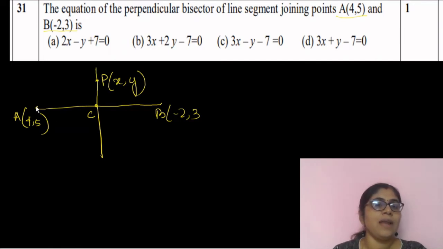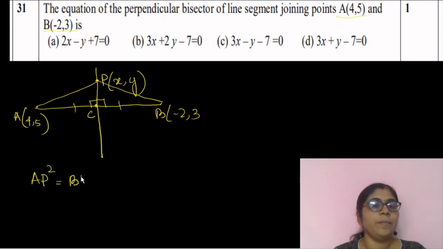So now we know AP is equal to BP because this equals this and this is 90 degree and CP is common. So what is the distance of AP? Or we can write that AP square equals BP square.